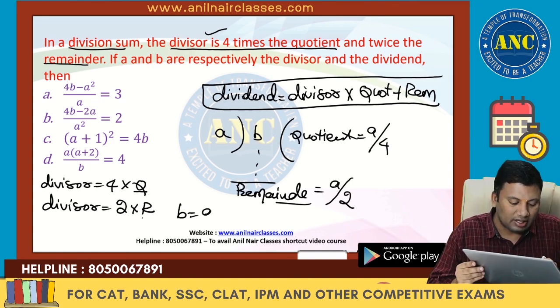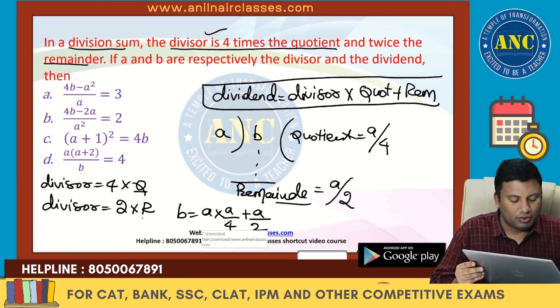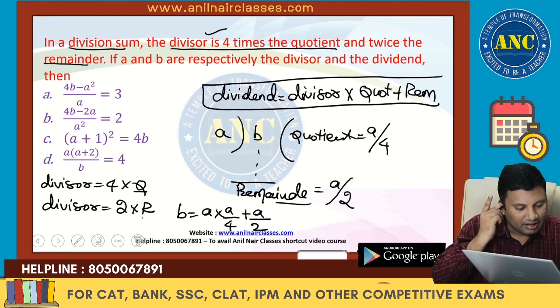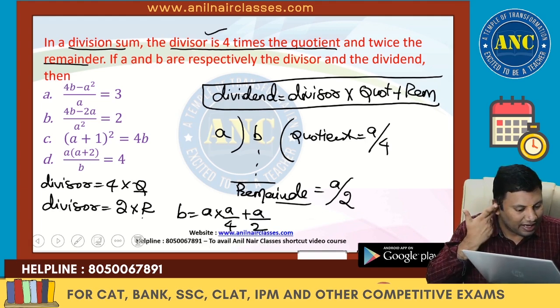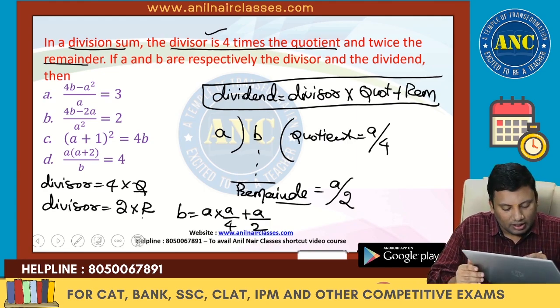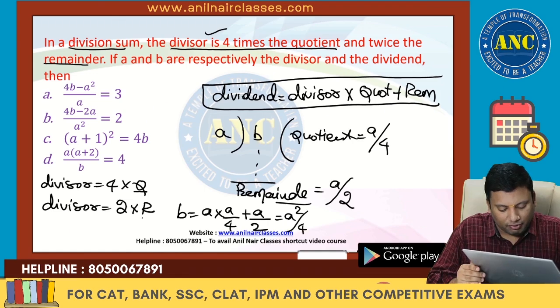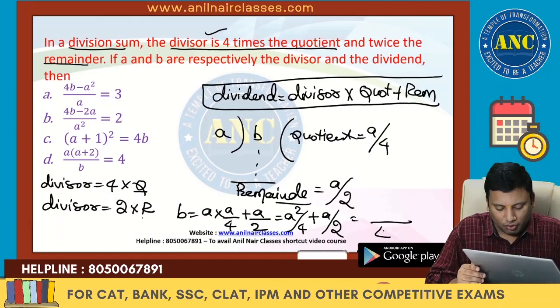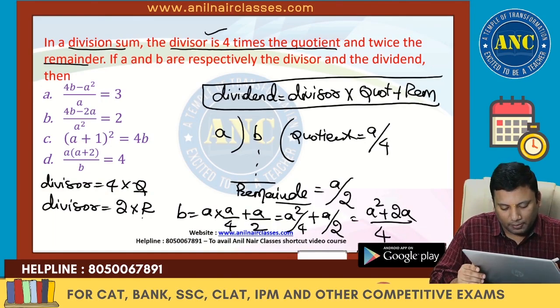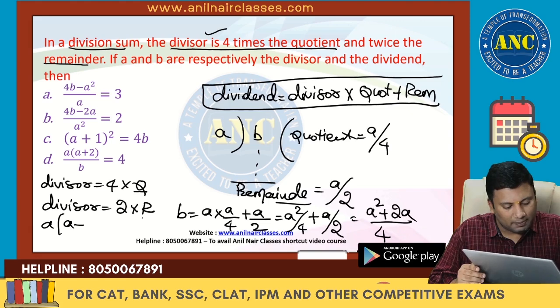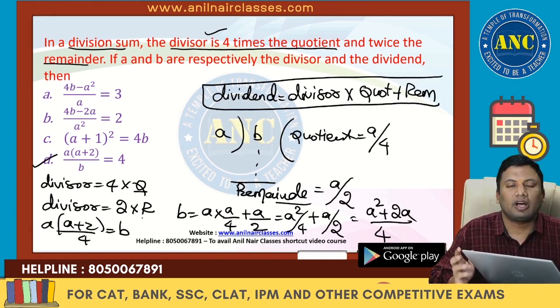So B is nothing but A into (A by 4 plus A by 2), which is A square by 4 plus A by 2, which is (A square plus 2A) by 4. So A into (A plus 2) divided by 4 is B, which is option number 2.